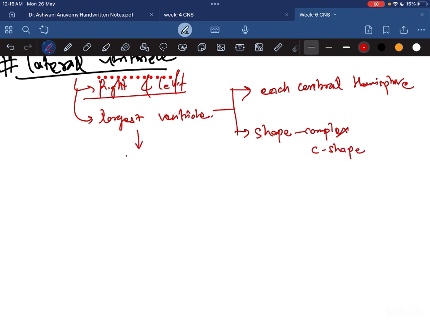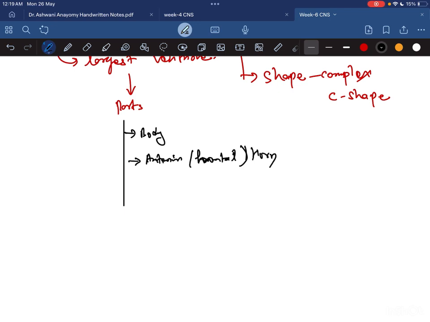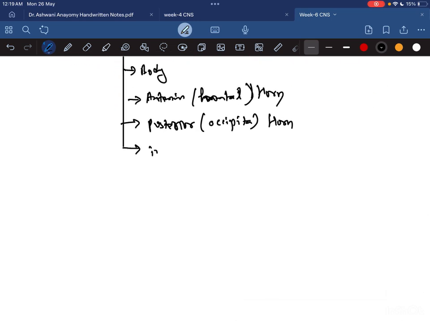The parts of the lateral ventricle are the body, the anterior horn or frontal horn, the posterior or occipital horn in the occipital region, and the inferior or temporal horn.